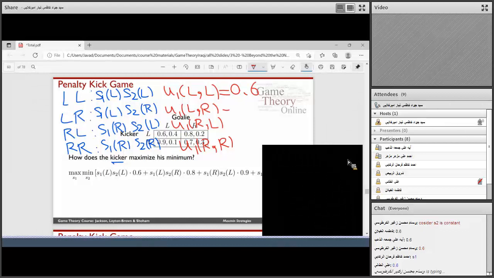Good. Now, the utility of user 1 when user 1 goes to left and user 2 goes to right is 0.8. Fatima is correct, and so are Aya and Wasam. Now, the utility of user 1 when user 1 goes to right and user 2 goes to left.